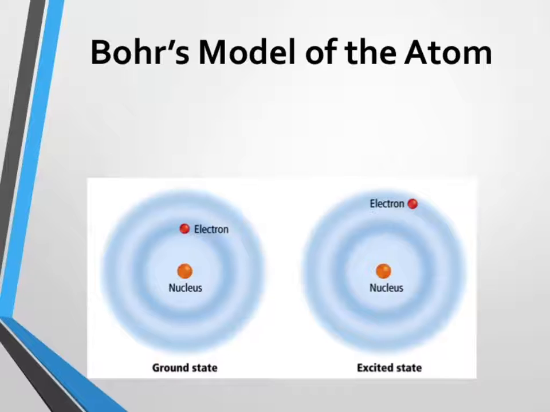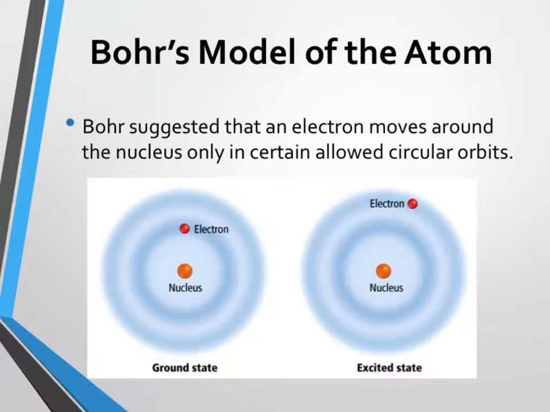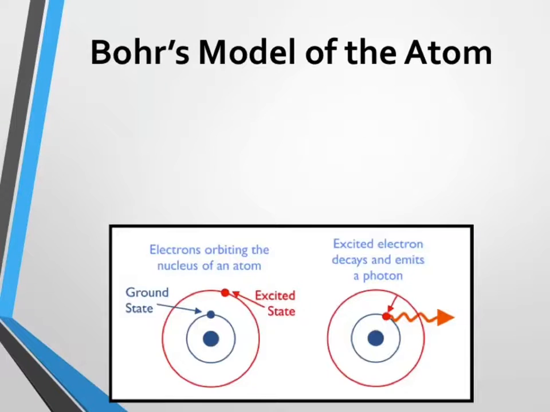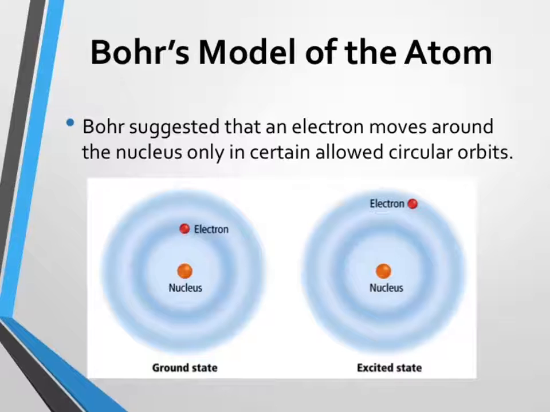So this is what his model looked like. He said that there in the center is the nucleus, and we know the nucleus contains what? Protons and neutrons. Okay, and outside the nucleus, in circular orbits, are the electrons.